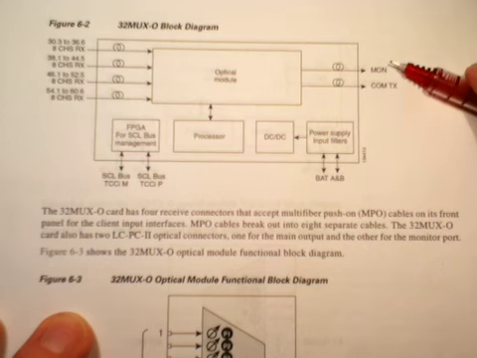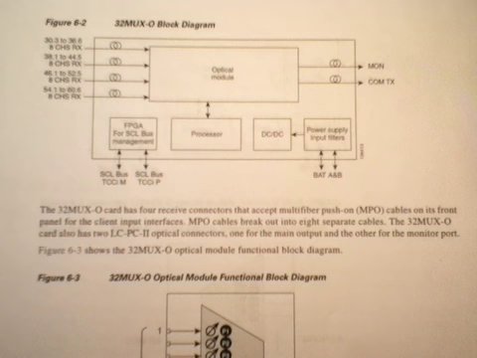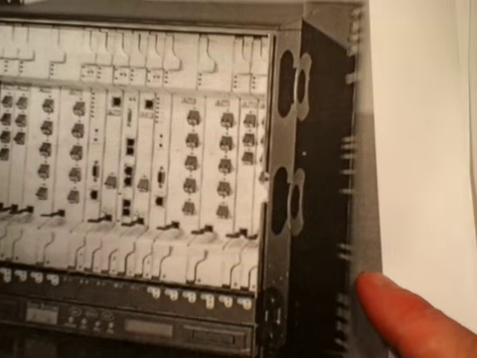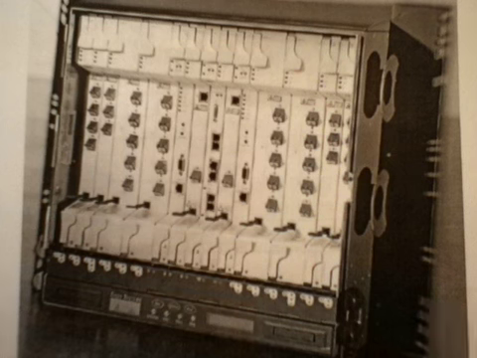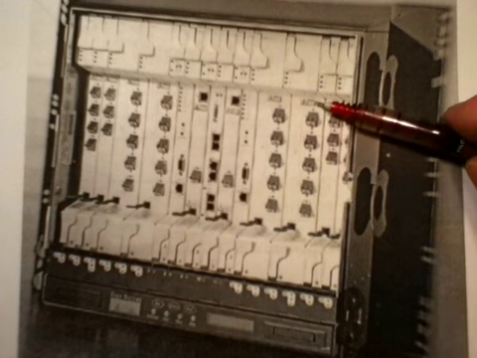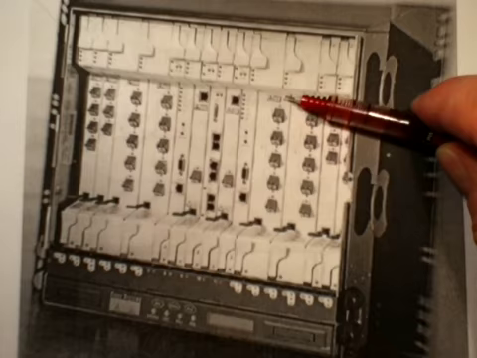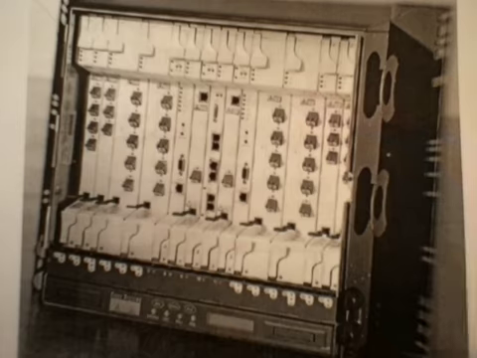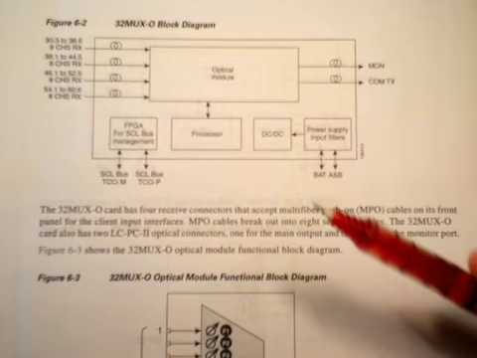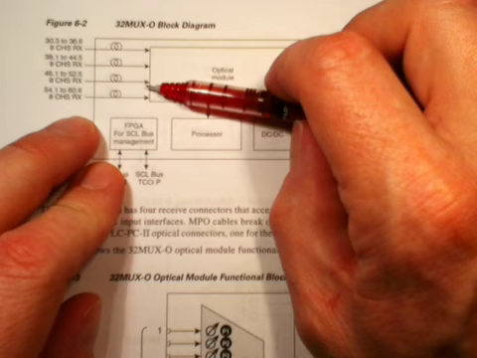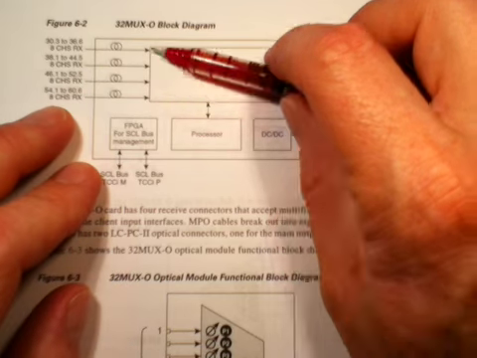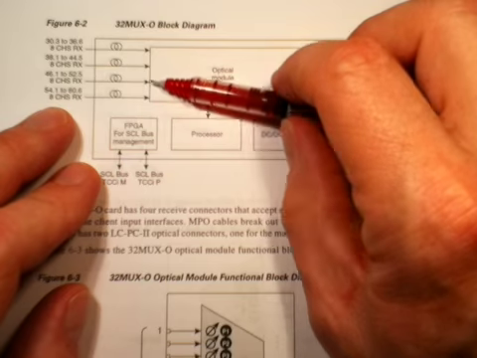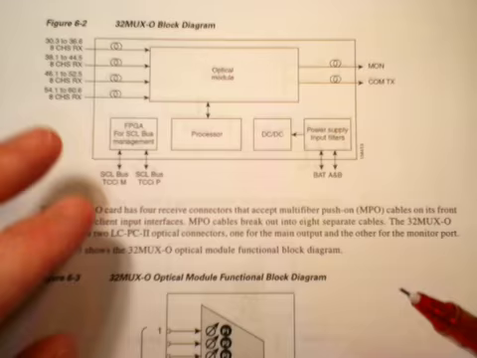The monitor port, I don't know, can you see that on these cards? Where's the monitor port? These are the MUX and the DMUX. Maybe this thing up here at the top is the monitor port? Or this one at the bottom? In any case, the main ones are 4 inputs for 32 channels, and each of these is an 8-channel ribbon fiber. I think I talked about ribbon fibers at one point.